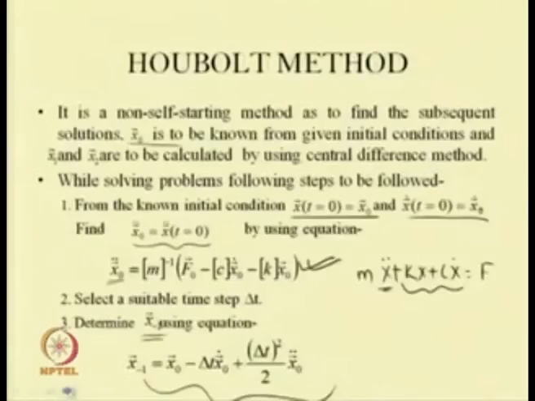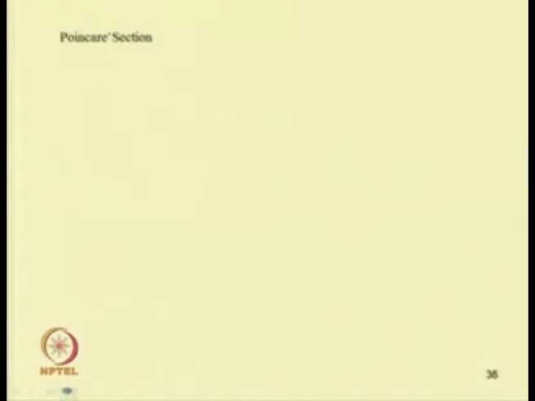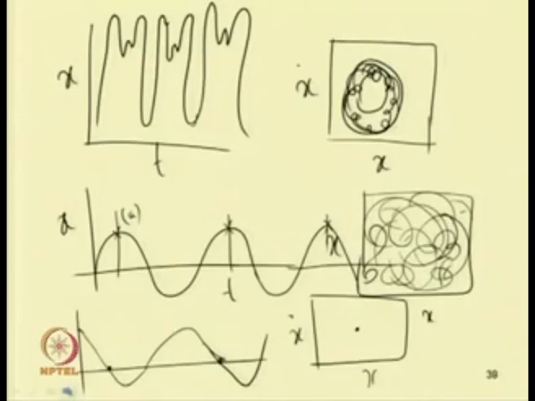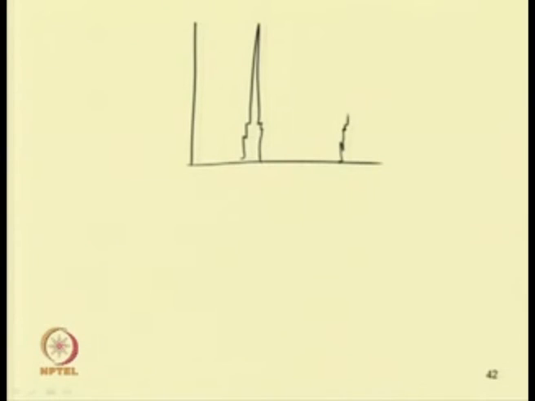Similarly, in case of the quasi periodic response, one can plot this spectra. In case of the quasi periodic response, the spectra will look like this. So, we can have two frequencies, and one can find from these frequencies that they are not commensurable.